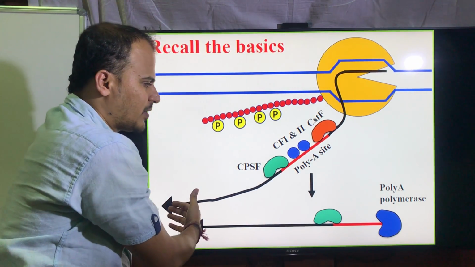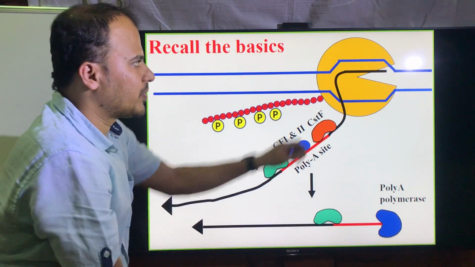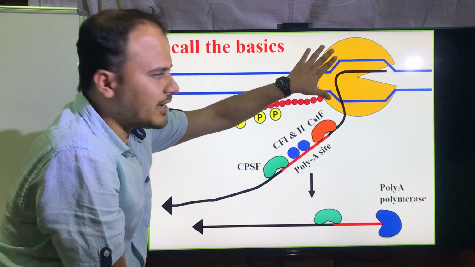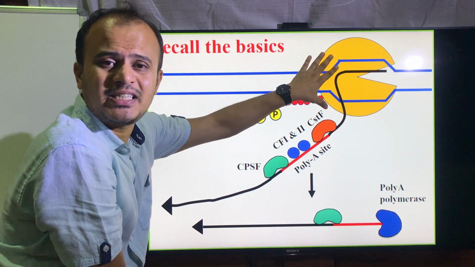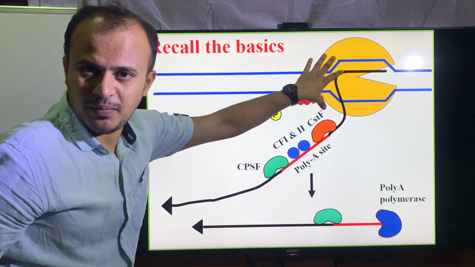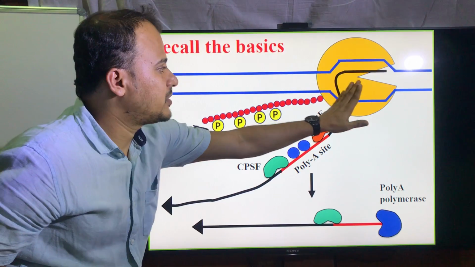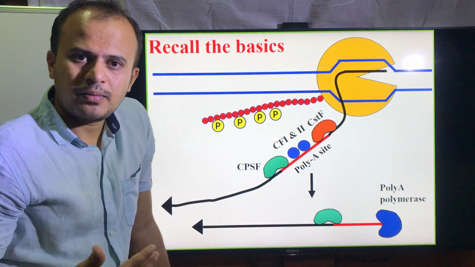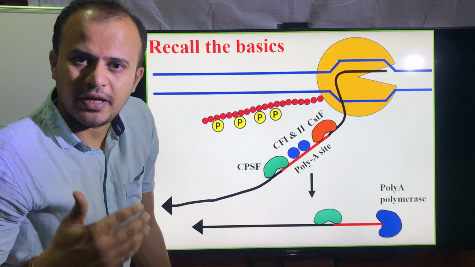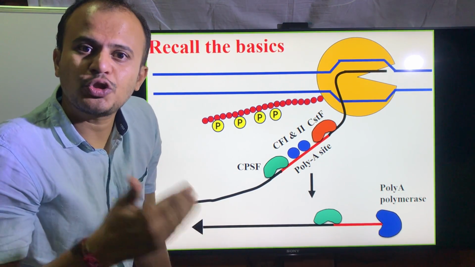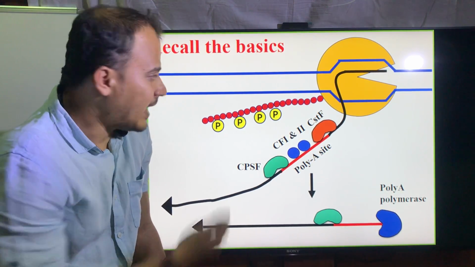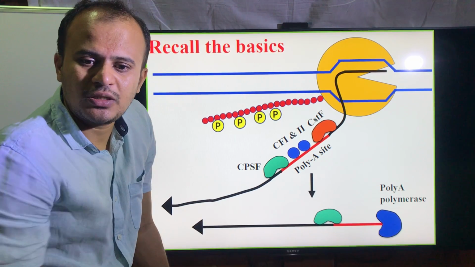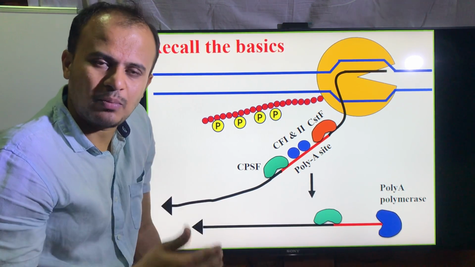So far, let's assume the RNA polymerase has reached the end of the gene. This is the end of the gene. When it reaches the end of the gene, any process should come to an end. Likewise, transcription should come to an end.